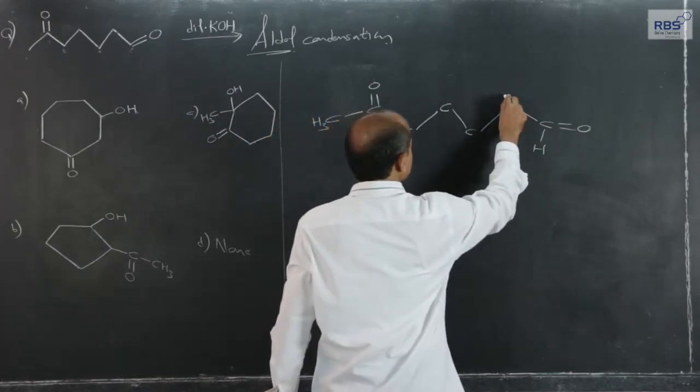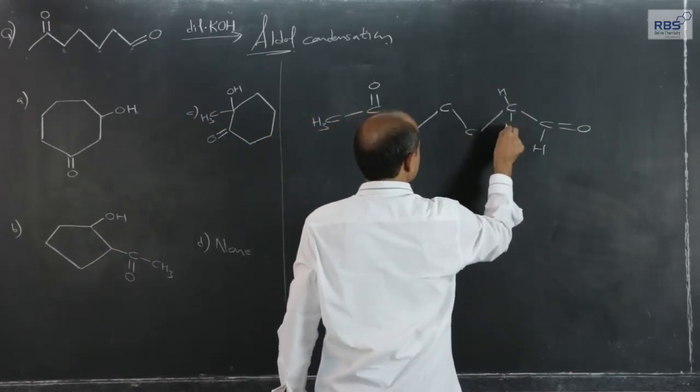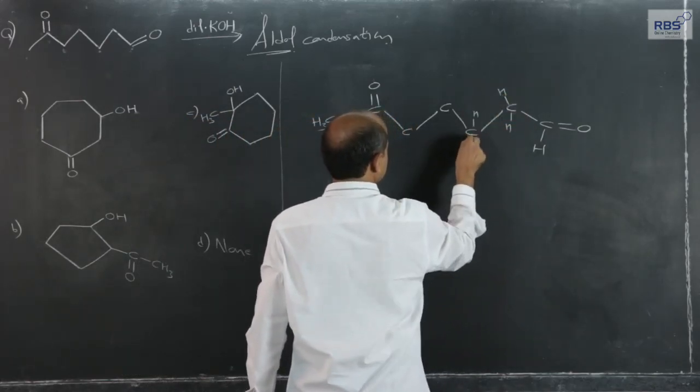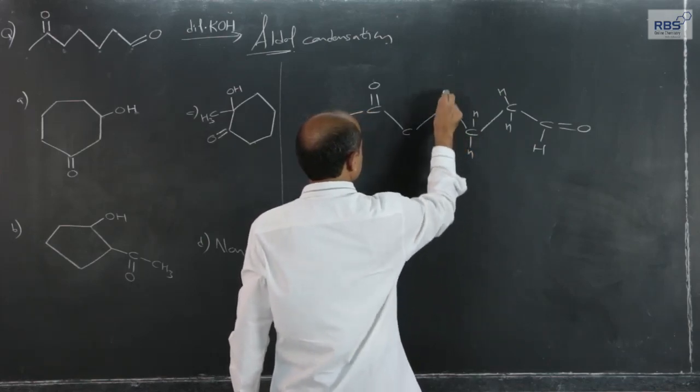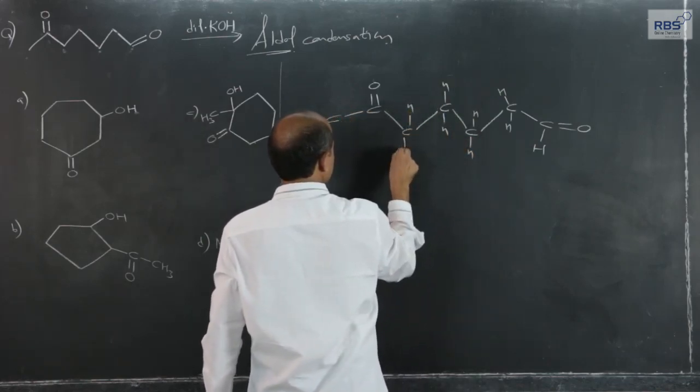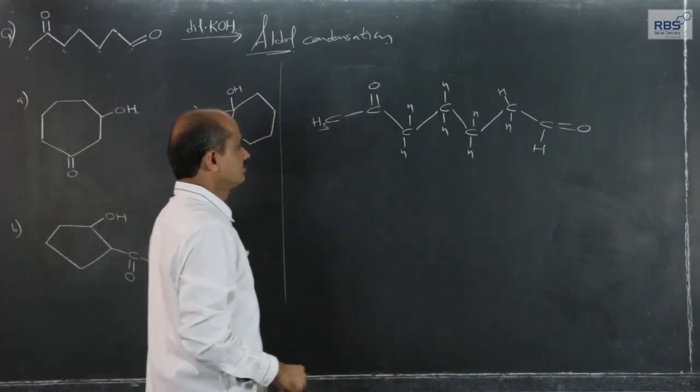So, one is aldehydic group. Remaining valencies of carbon are hydrogen atoms, and one is ketonic group.